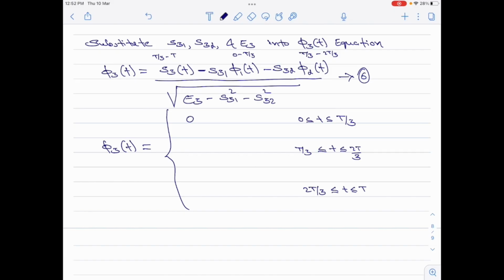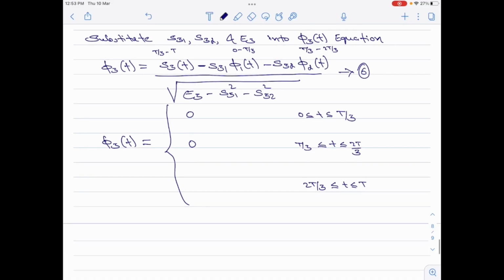So, only the first and last parts of the numerator will be considered. Let us now move on to the last part. S32 we just computed to be square root of t by 3, and phi 2 of t over this interval is square root of 3 divided by t. So, the last part reduces to 1. So, the first part of the numerator is 1, the last part of the numerator is 1. So, 1 minus 1 reduces to 0.